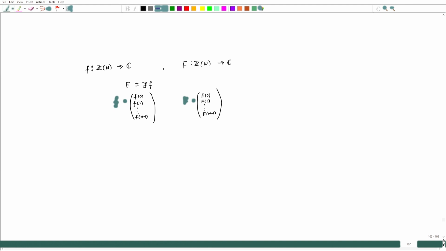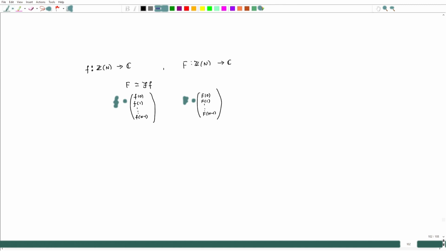Now, I need to find a matrix script F which, if I act on this f column vector, is going to give me capital F, the Fourier coefficient, again a column vector. So, I am looking for an n cross n matrix which gives me the Fourier coefficient.